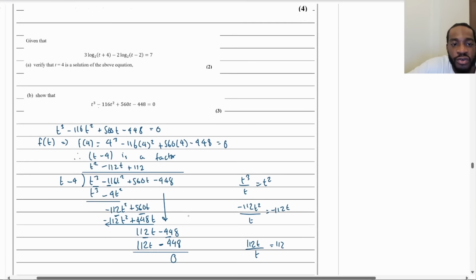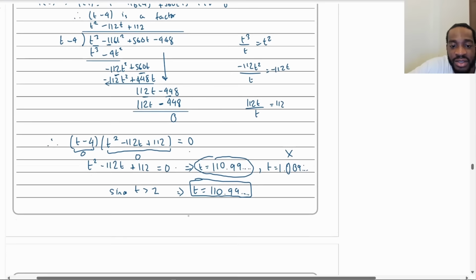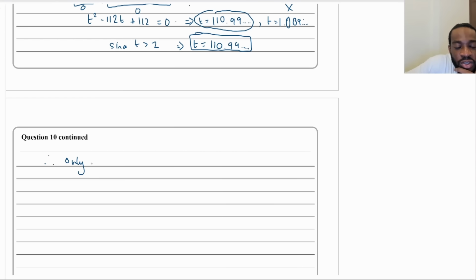So to answer the question, remember it says solve the equation. There are only two solutions. t equals 4, the one we found in part A, and t is equal to 110.99. So write this here. Therefore, the only solutions are t equals 4 and t is equal to 110.99.